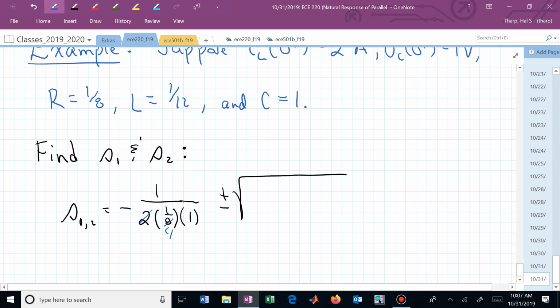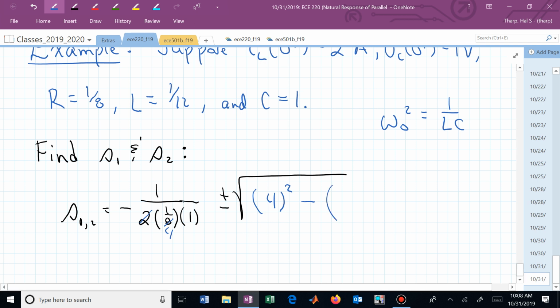We now have a 1 over 1/4, so that now says we have alpha squared. 4 is alpha. Now we square it, and we subtract omega naught squared. And omega naught squared was 1 over LC.